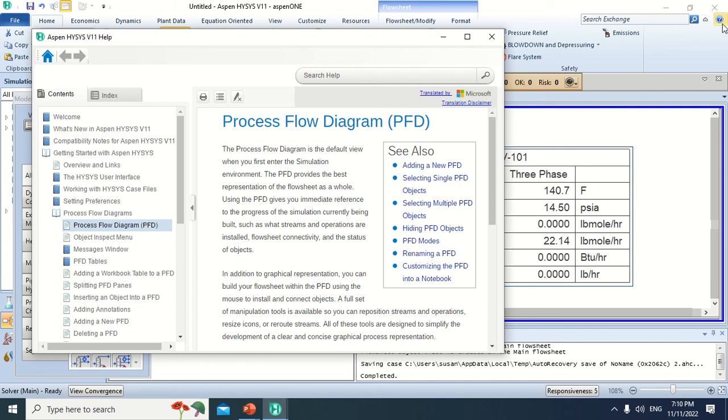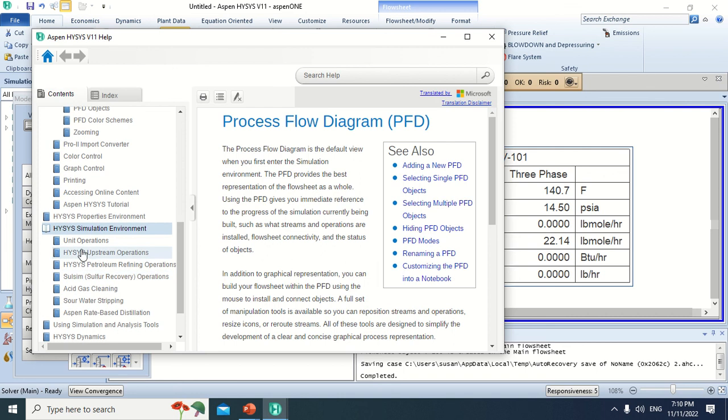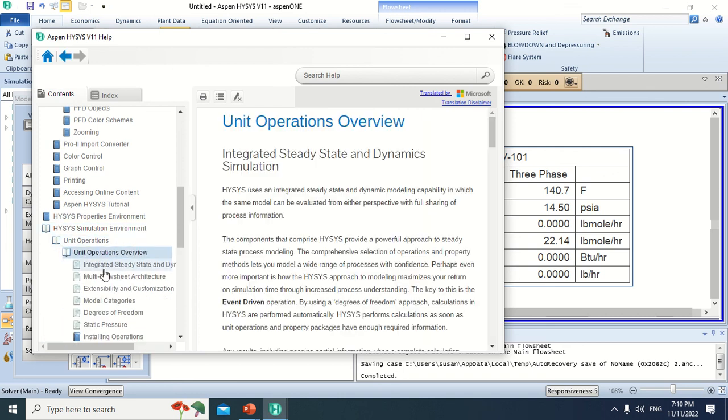Yes, this is help environment, and we can use it. For example, I wanna know about HYSYS simulation environment. Click on it and choose, for example, unit operation, unit overview.